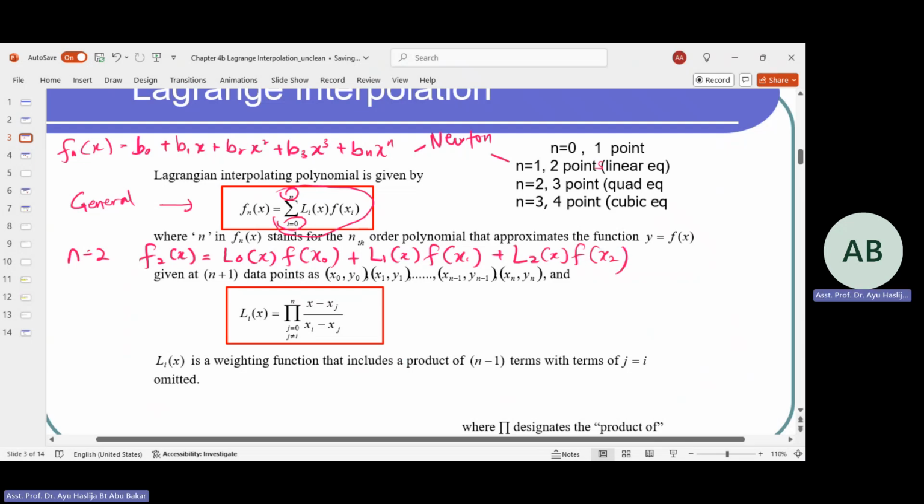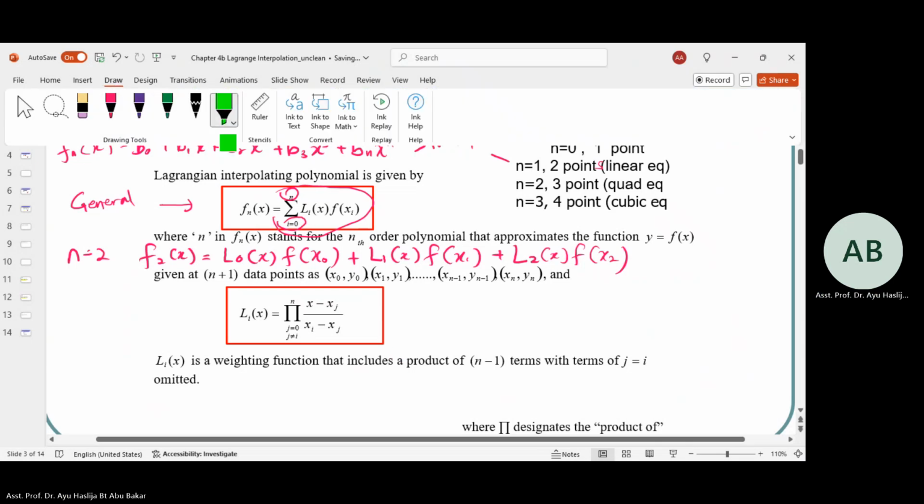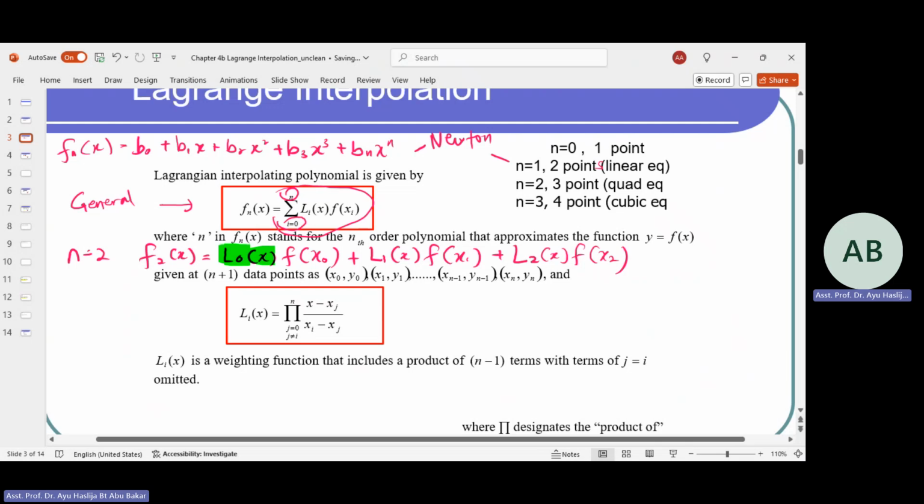So you need to expand. Start from 0, L0(x), L1(x), L2(x). Last time in Newton, we find B. In Lagrange, we find the Lagrange function, the weighting function. Li(x) is the weighting function.